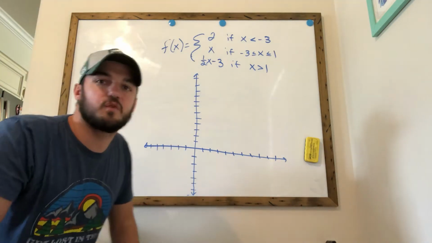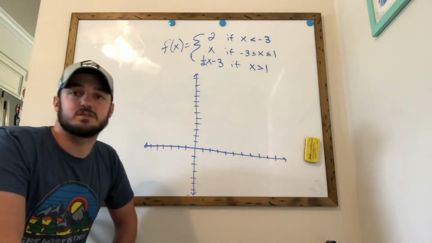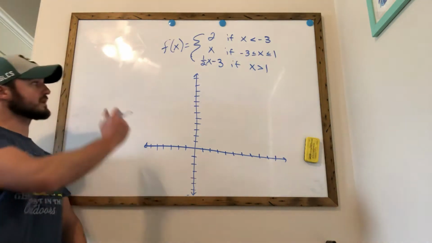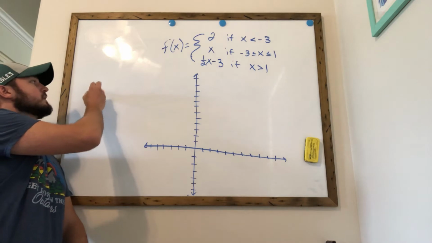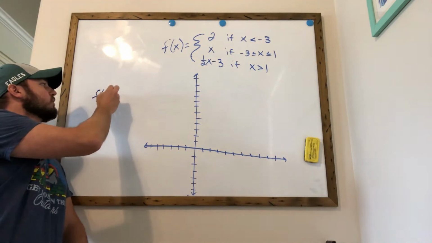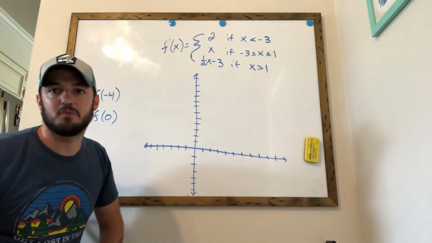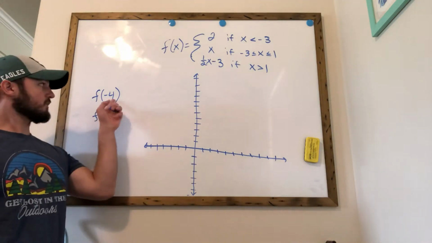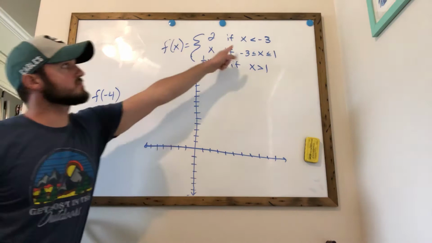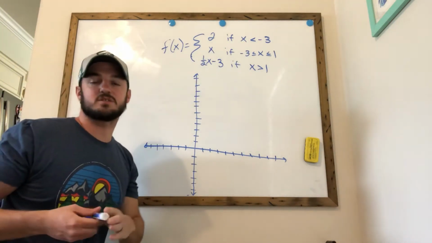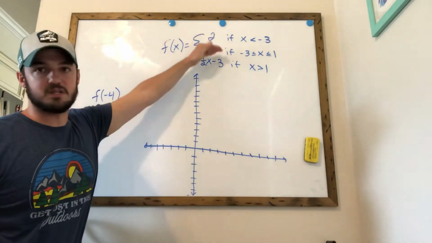But just remember for evaluating piecewise functions, the first couple questions are going to be like, what's f of -4? What's f of 0? For those, if I'm plugging in -4, just make sure you find the domain that it fits into. Piecewise functions have different functions in different domains.